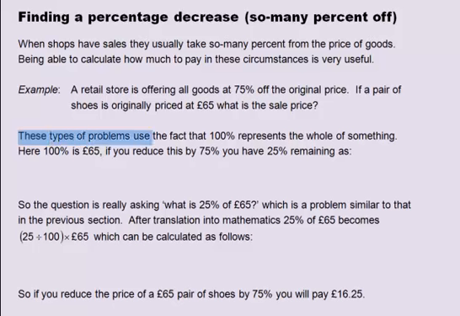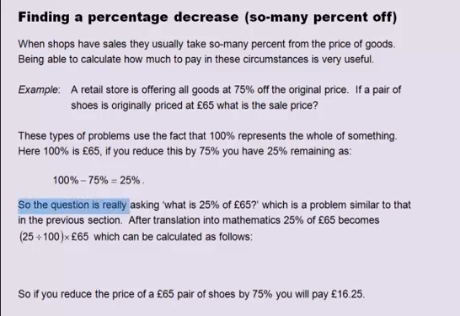These types of problems use the fact that 100% represents the whole of something. Here, 100% is £65. If you reduce this by 75%, you have 25% remaining, as 100% take away 75% equals 25%.